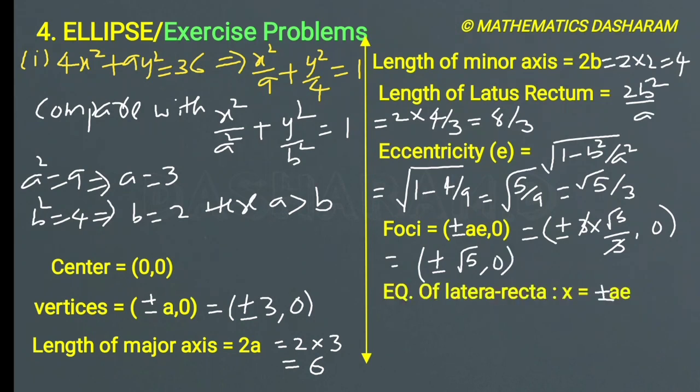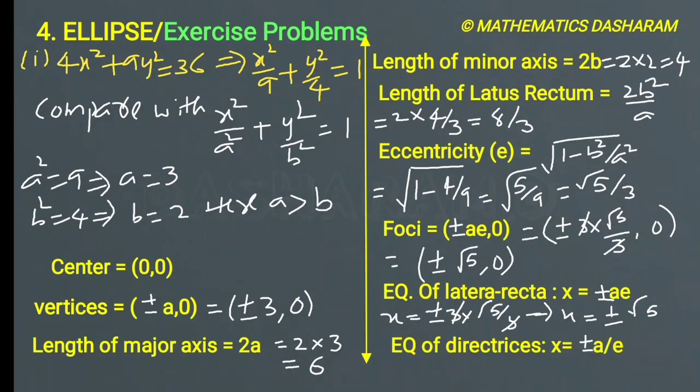Next, the equation of the latera recta, that is x equals plus or minus ae. So x equals plus or minus a value 3 and e value, what is the e value? Root 5 by 3. Here 3 cancels. So x equals plus or minus root 5 is the equation of the latera recta. Next, the last one is the equation of the directrices.